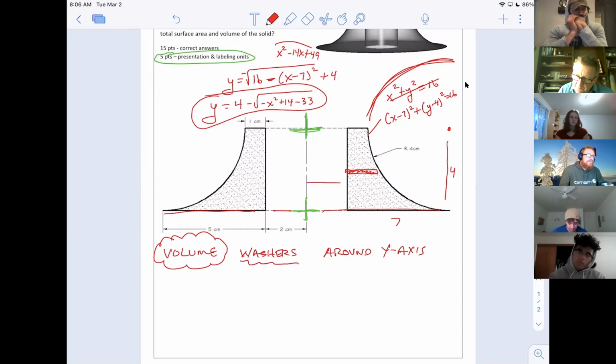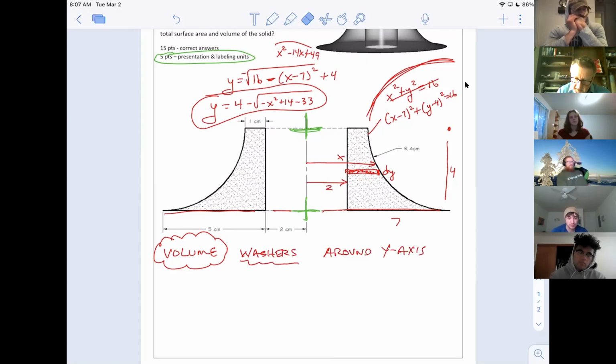So that is always the distance of 2, whereas that is the distance of x. And then this thickness right here is a little bit of y. So your integral then would be, since this distance right here is basically x minus 2, in the end, what you're really doing is finding the volume of the outer washer minus the inner washer.